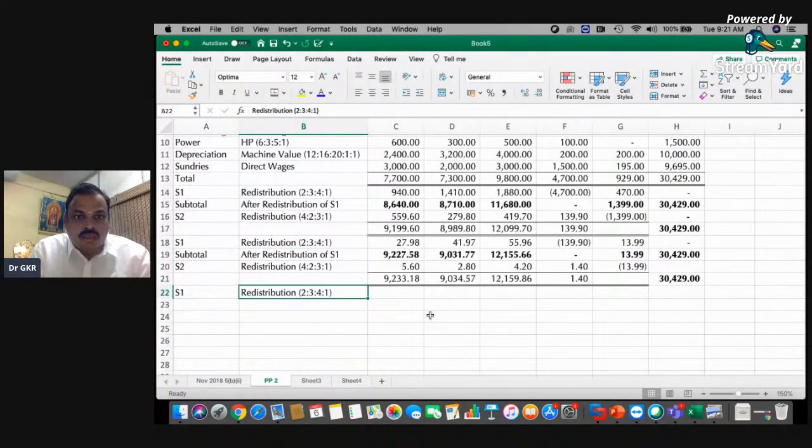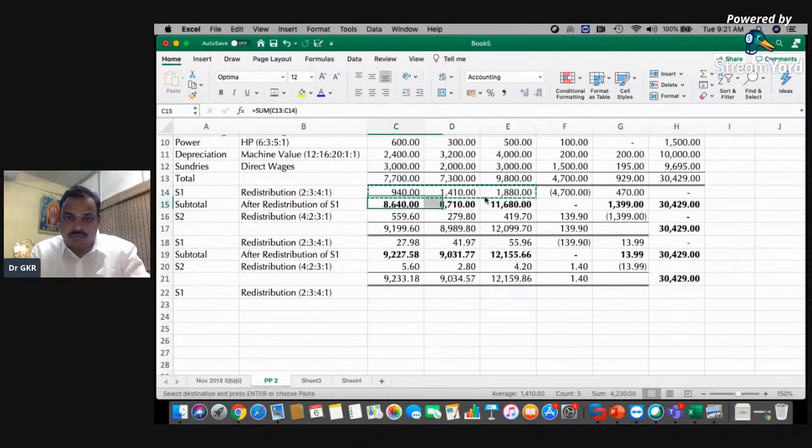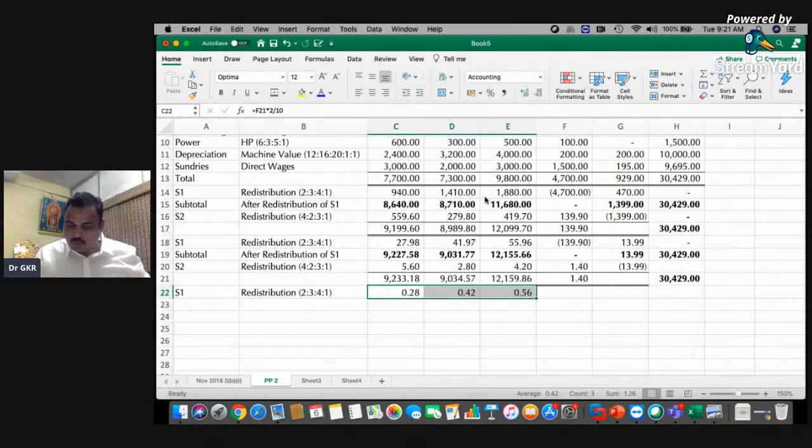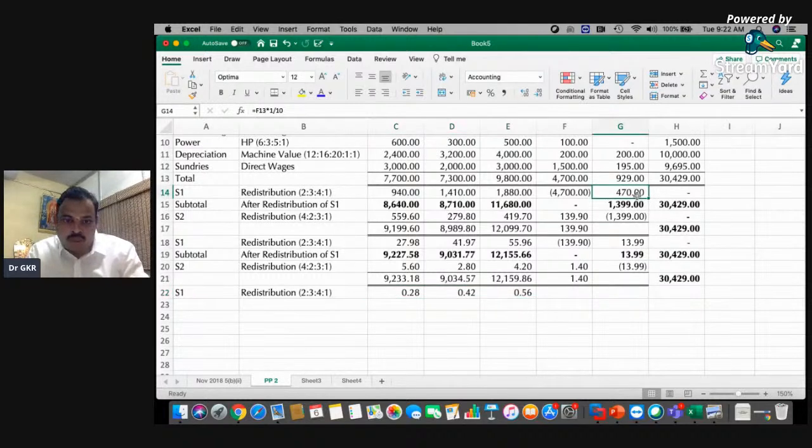Okay, with the 2:3:4:1 ratio. So in the same ratio I will do it. Maybe this will come in very small amounts, which is 0.28, 0.42, and maybe one more you can do, which will come to 0.14. Very, very small.